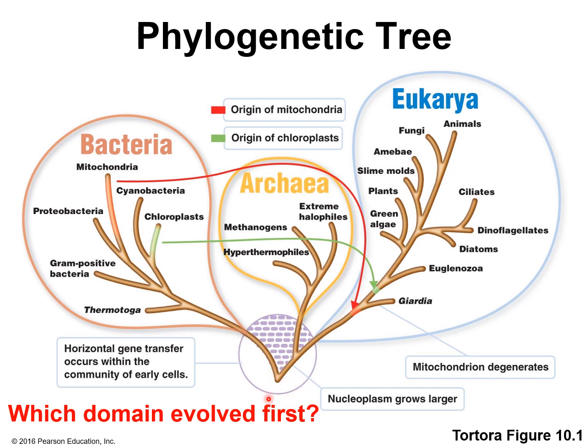So whatever cell gave rise to all of the domains that are alive today, whatever that cell was, that's the base or the root of our tree. And then from that root of the tree, we're just going to move up our tree, and whatever our first branch is off that root, that's the first domain that evolved.